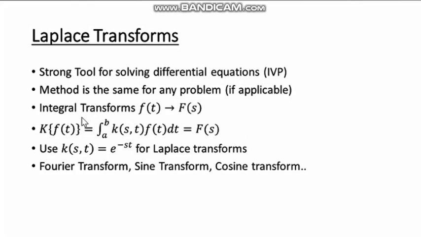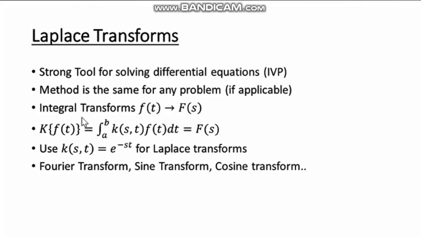This t has to be the same variable as that of the small f of t. Then you integrate it from a to b, with respect to t. Once you integrate and evaluate at a and b, it's a definite integral, so the t will vanish, and what remains will be a function of s.